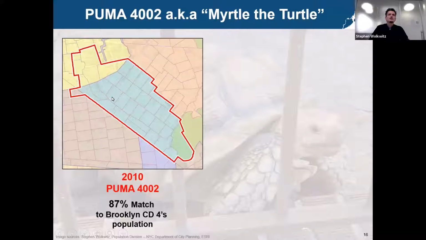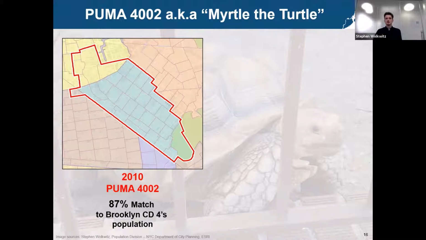And the issue with Myrtle is actually that head was sticking across the CD boundary here, the yellow area being Brooklyn CD1, whereas the bluish area is Brooklyn CD4, which that Puma is roughly supposed to correspond to. And those areas were leading to this Puma only matching the CD's population by 87%.